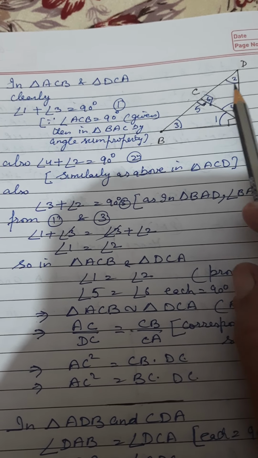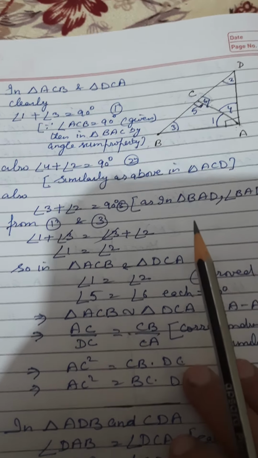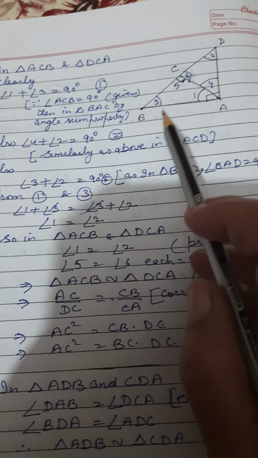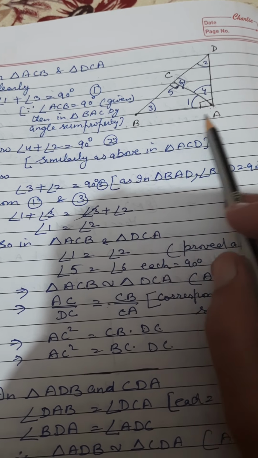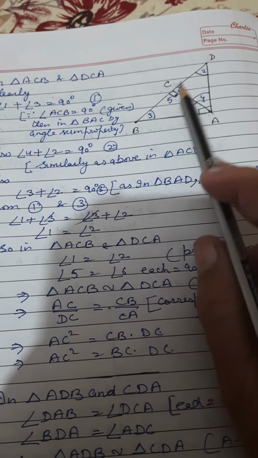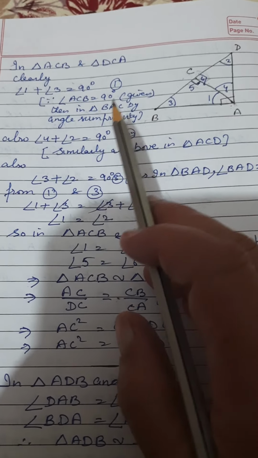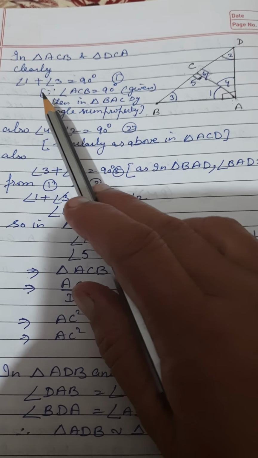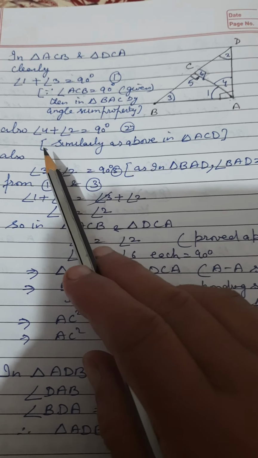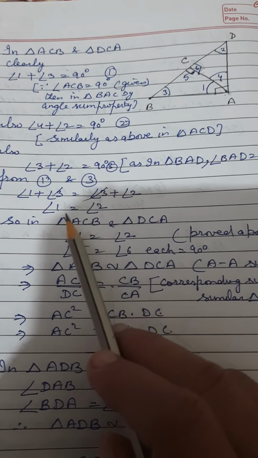It means that these two angles in this triangle are of 90 degrees. Also angle 3 plus angle 2 is equal to 90 degrees. If we take this triangle, then this angle is of 90 degrees, then 3 plus 2 is 90 degrees. Now we have three conditions: 1 plus 3 is equal to 90, 4 plus 2 is equal to 90, 3 plus 2 is equal to 90.